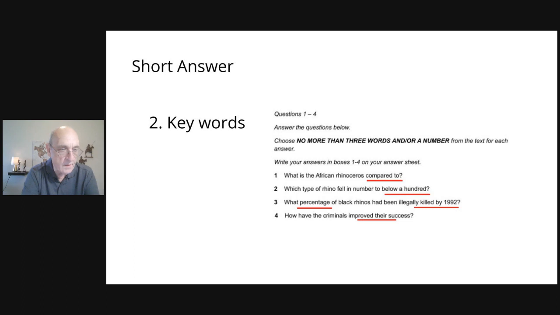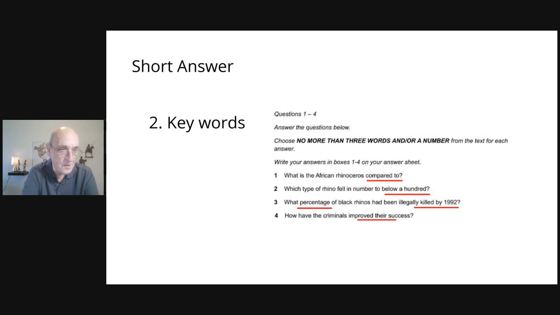This means that there are going to be different types of rhinos mentioned in the passage, but we're only looking for a specific type of rhino. And in number 3, we're going to be looking for a number. This is why it's so important to underline numbers when we are skimming a passage. We're looking for a percentage, and we're also looking for a date.